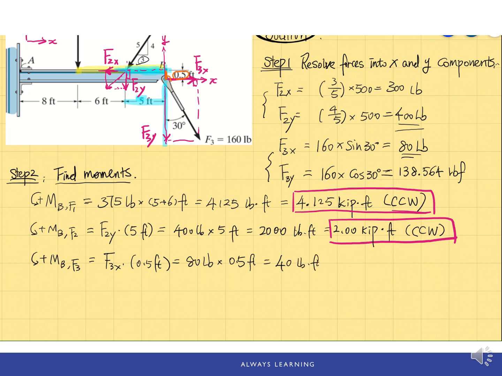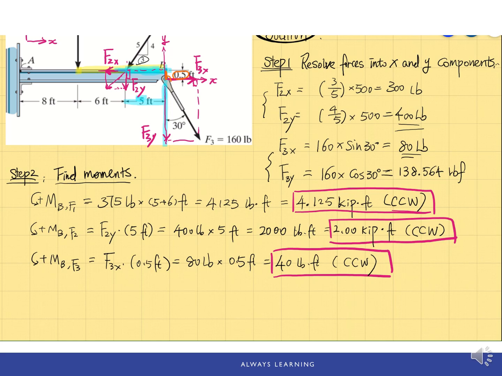And then we use the right-hand rule to check the rotational effect, and we figure out this F3x will also cause a counterclockwise rotation. Therefore, it's also a positive moment. And this is the final answer for force F3. And this problem is done.